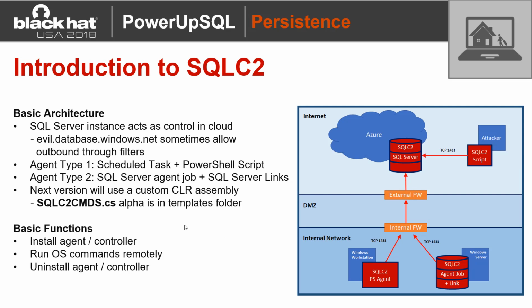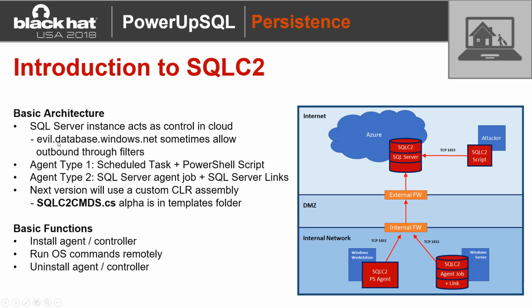Like I said earlier, another thing we worked on a little bit this year was roughing out a C2 framework completely based on SQL Server. If we look at the diagram over here, maybe I'll take a step back. A lot of people are starting to do SQL Server development in the cloud, and you can create SQL Server instances in Azure.